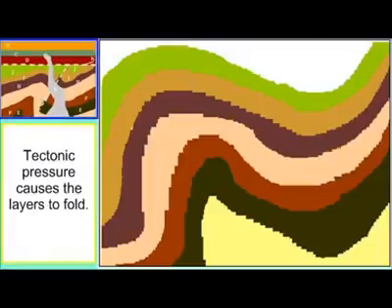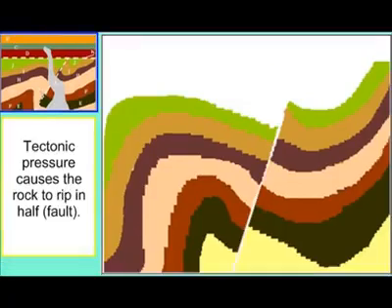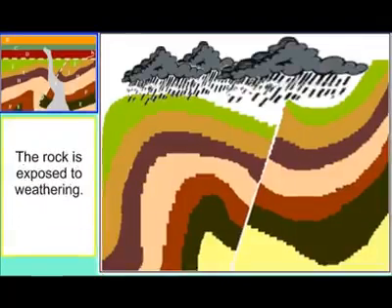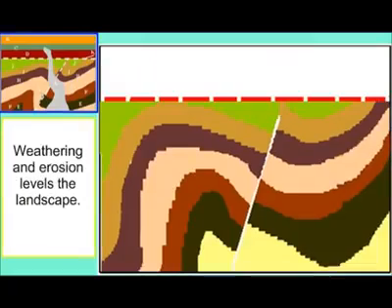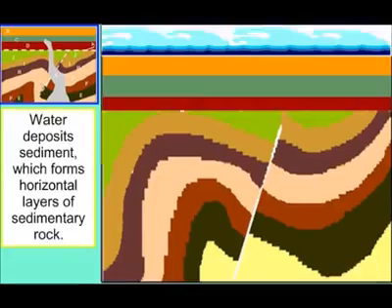Second, tectonic pressure caused the layers to fold, and additional pressure might have caused them to rip apart and fault. As this rock was exposed to weathering, it would have become flatter, so weathering and erosion levels the landscape. Water deposits the sediment on top, and it forms more horizontal layers of sedimentary rock.